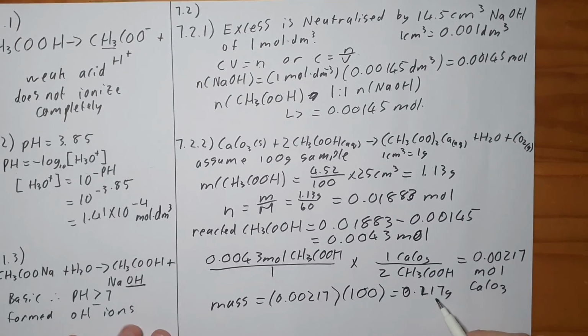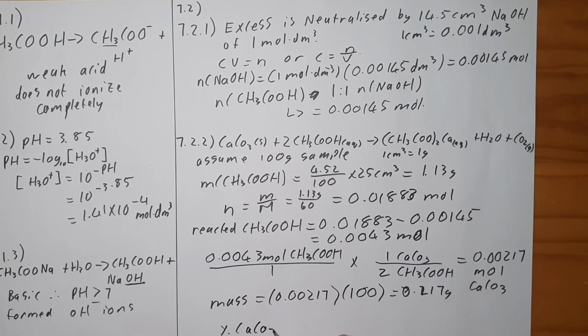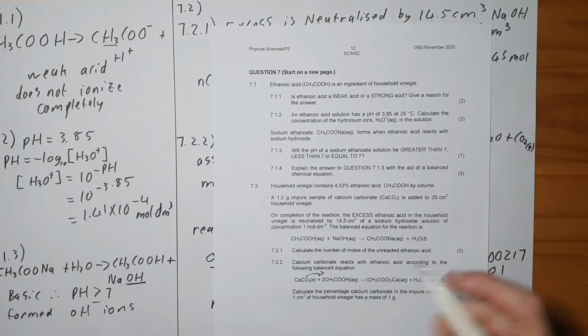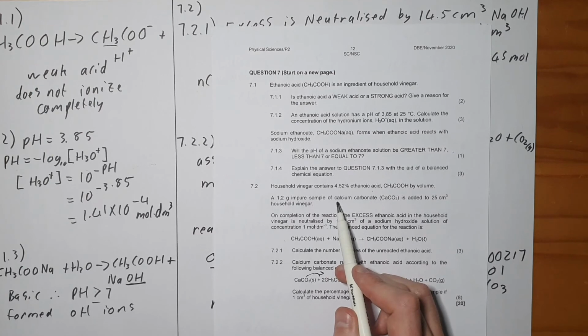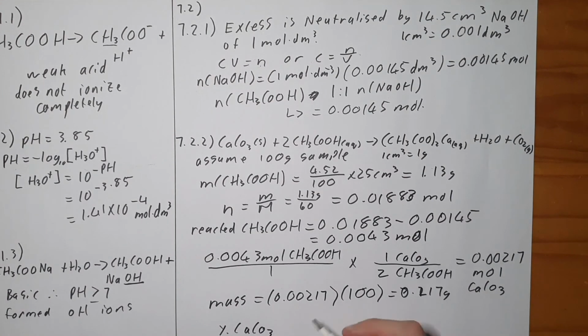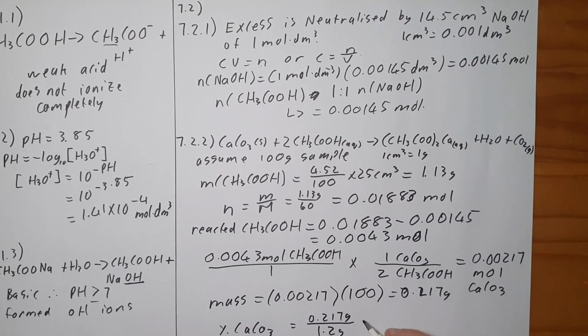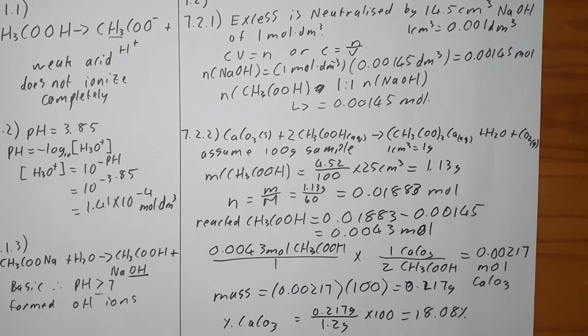Because they wanted the percentage of CaCO3, remember in the beginning they told us that a total of 1.2 grams of impure sample of calcium carbonate was used, so that's my total. So I'm going to have this 0.217 grams all over 1.2 grams, and if I then times that by 100, I'll get 18.08%. And that's how we go about doing this question.